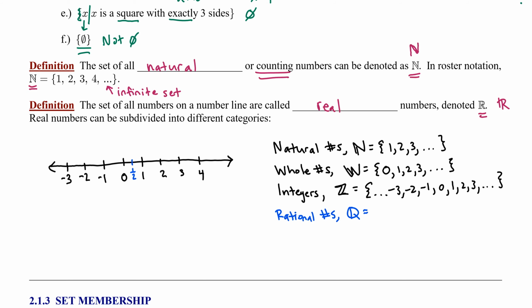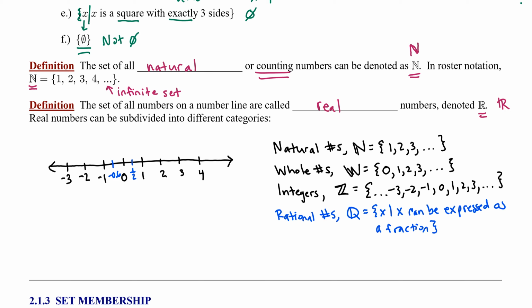This is the set of all numbers such that the number can be expressed as a fraction. So that includes numbers like 1/2 or -0.6, a terminating decimal, or even a repeating decimal like 0.333 repeating, for example.